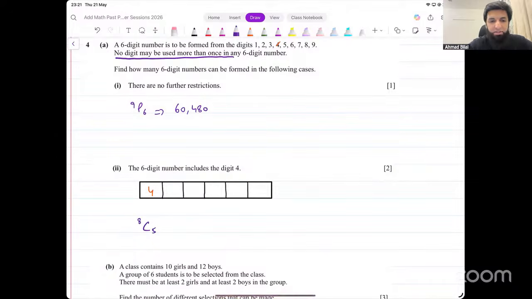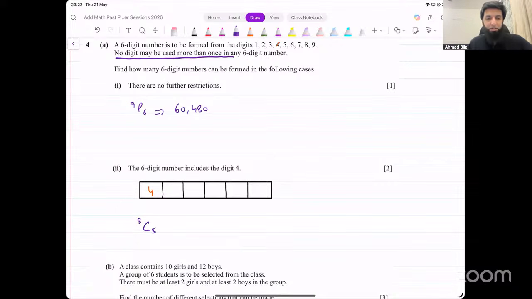What you're doing here is you are selecting 5 digits that you are going to put in these boxes. Okay. Once you have selected those 5 digits, remember arrangement also has to include this digit 4. If you do 8P5, you would just be arranging those 5 digits. You also want to arrange this digit 4.